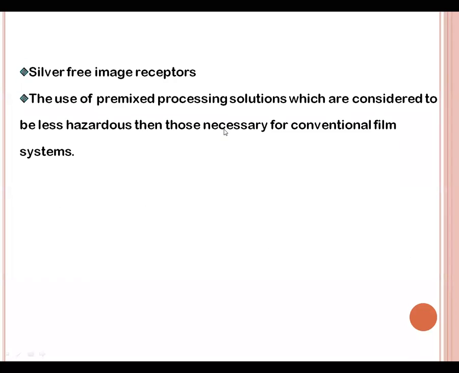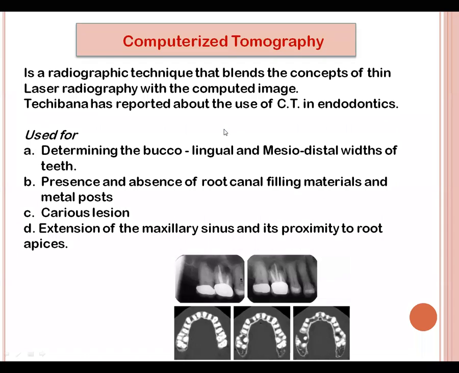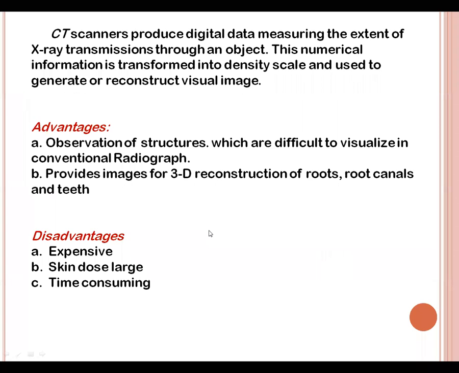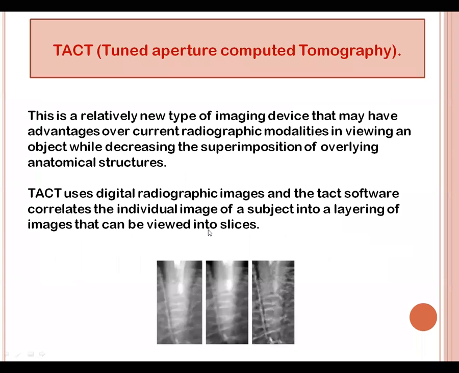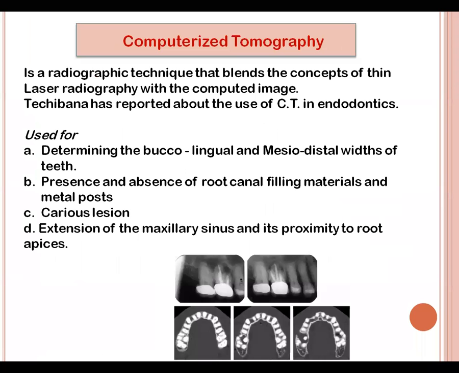Now for you, this will be taught in oral diagnosis. Computerized tomography, that is CT scan, is nowadays called CBCT, because CT scans we don't do for teeth. We use a CBCT, that is cone beam computed tomography, for the teeth.